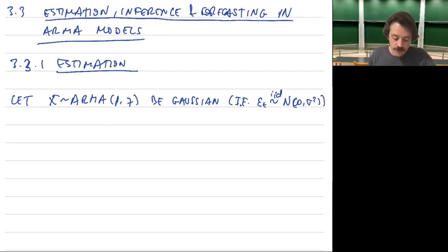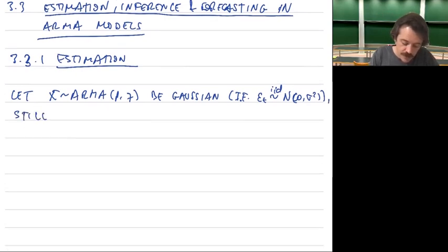Okay, so let this ARMA process be Gaussian. Let's still assume that it has 0 mean. I remind you that we were assuming in the previous lecture that we had 0 mean processes, and so we do here 0 mean with parameters. So let me just introduce some notation.